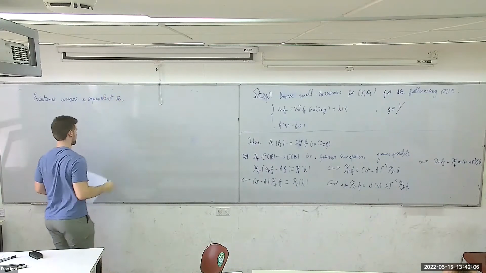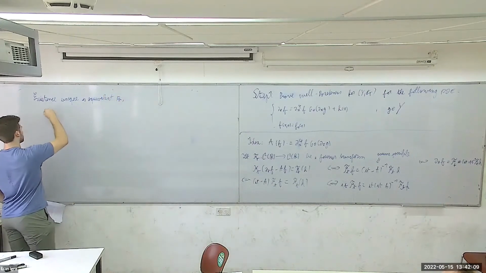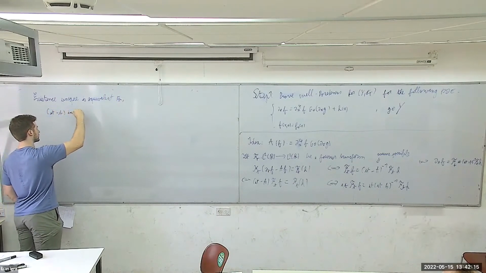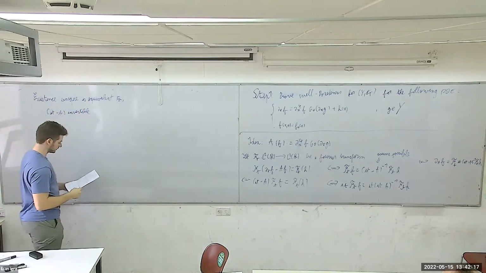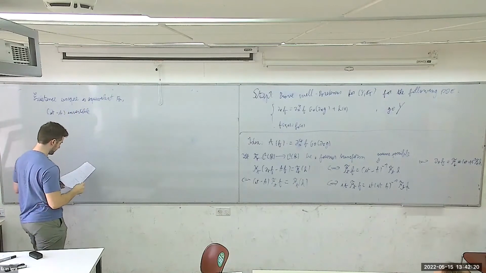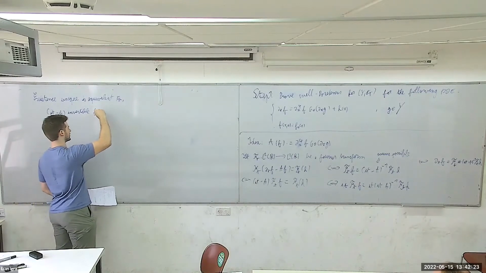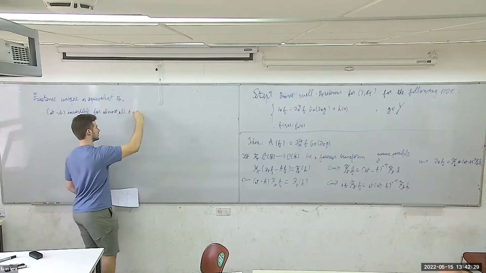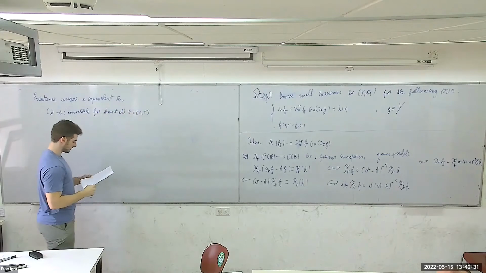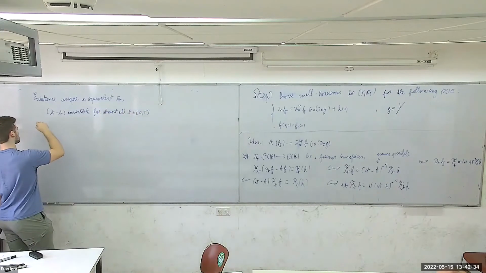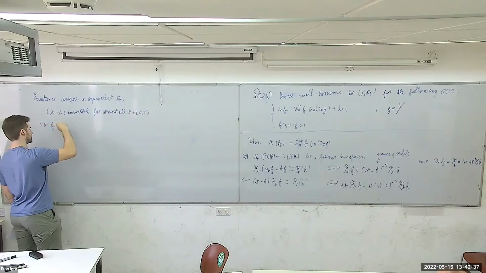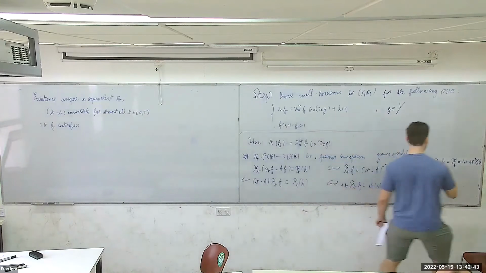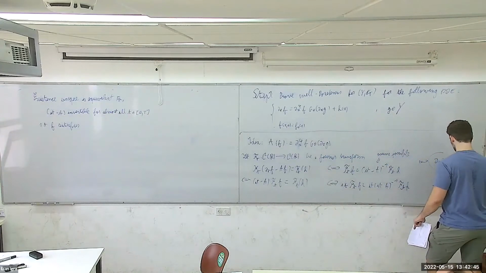To iT minus A being invertible, let's just say for almost all T in the real line, and such that F satisfies, and I'm just going to call this equation here double star.